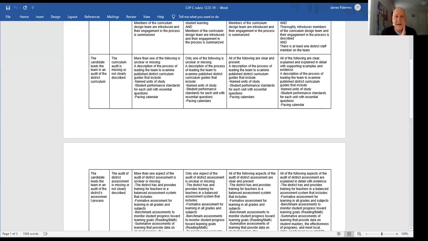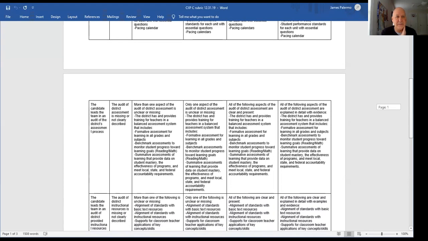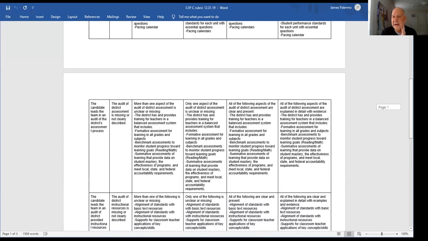So you'll lead the team in an examination of the district documents, lead the team in a description of district assessment, formative, benchmark, summative assessments. So look at whether there's a balanced assessment system.